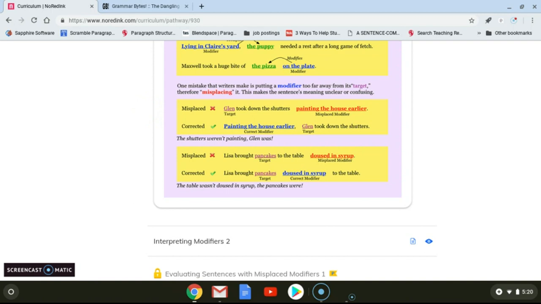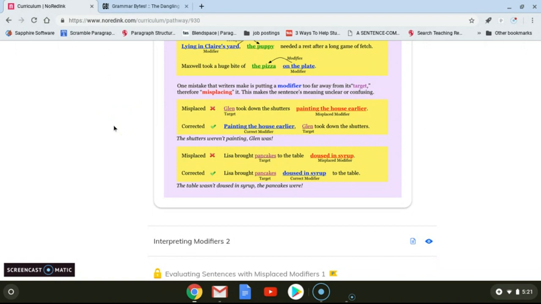Glenn took down the shutters, painting the house earlier. So we're looking here at this misplaced example. Glenn is our target, and we have this phrase, painting the house earlier, that's supposed to be the modifier that describes Glenn.